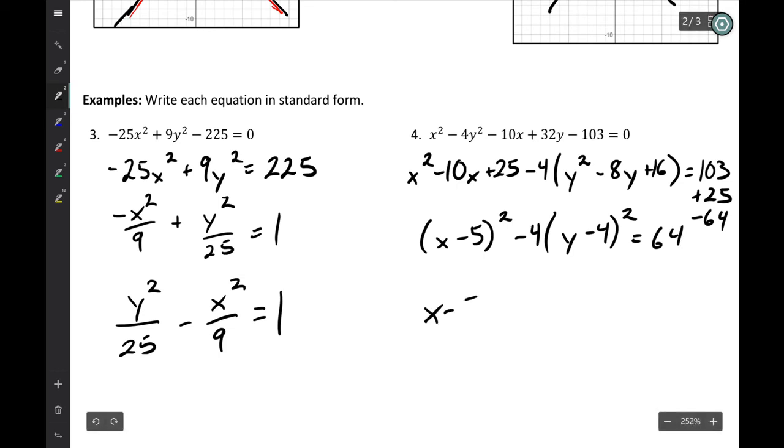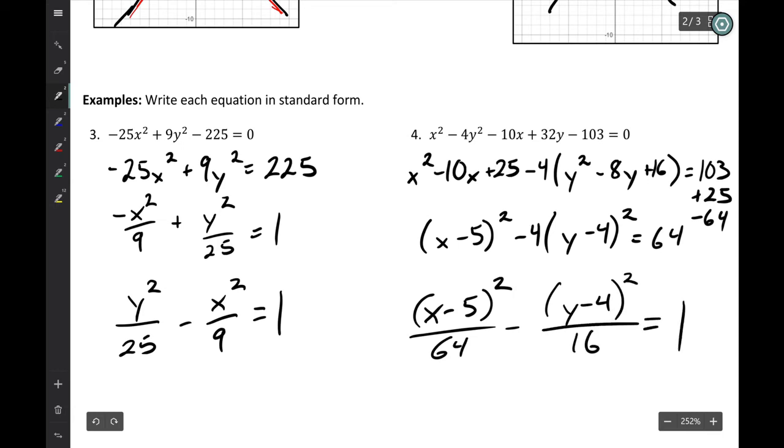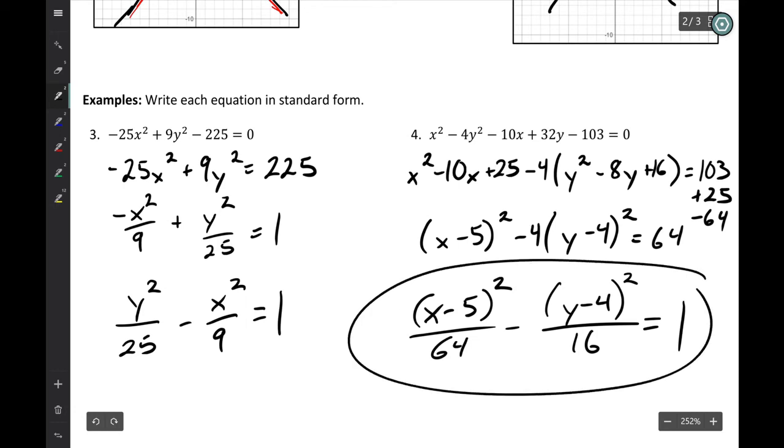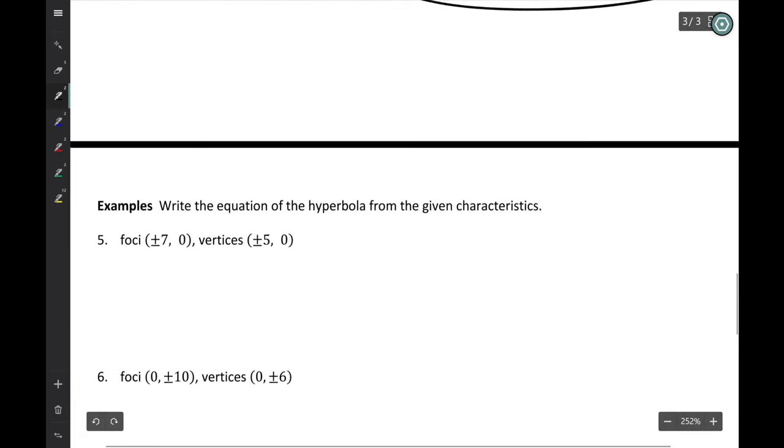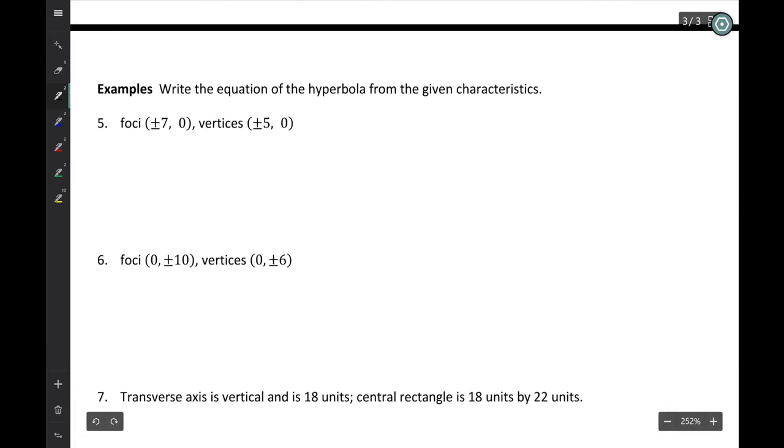End up with x minus 5 quantity squared divided by 64 minus y minus 4 quantity squared divided by 16. This is all equal to 1. Right, there's our answer right there. A little bit of work, but not really that bad if you know how to complete the square. All right, our next set of examples is writing the equation of the hyperbola given the characteristics.